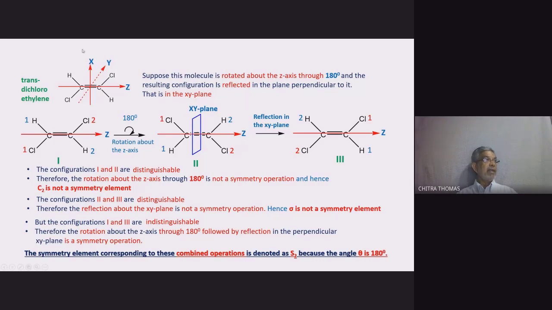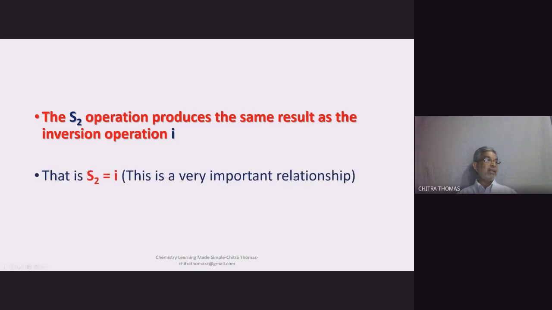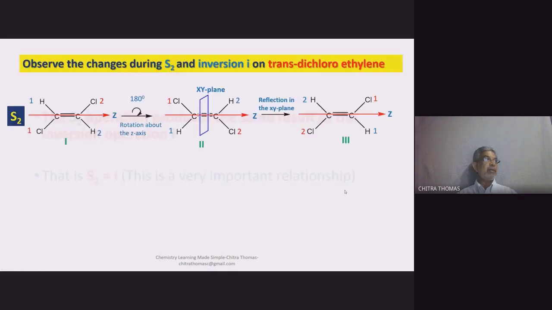So trans-dichloroethylene is an example of a molecule which has an S2 axis of symmetry. Then the S2 operation, a very important result, produces the same result as the inversion I. That is, S2 is equal to I. This is a very important relationship.